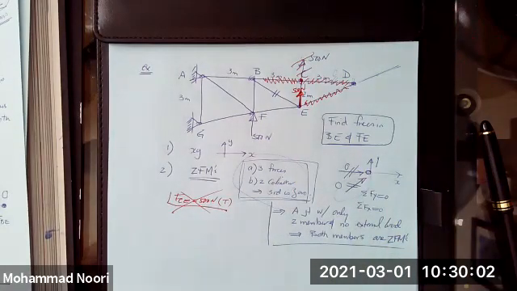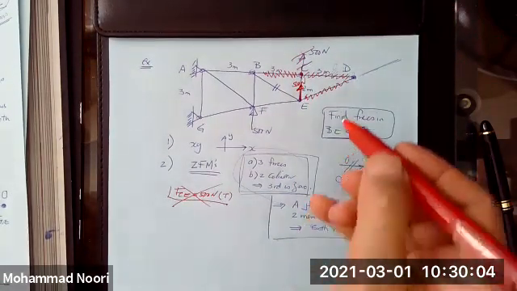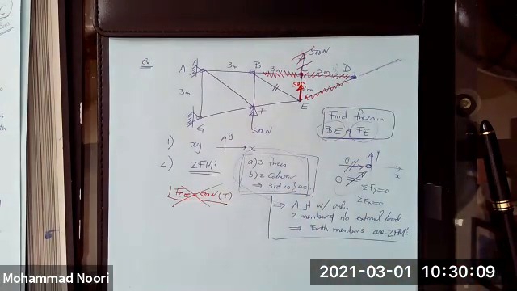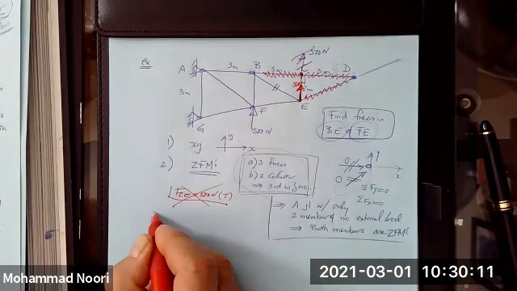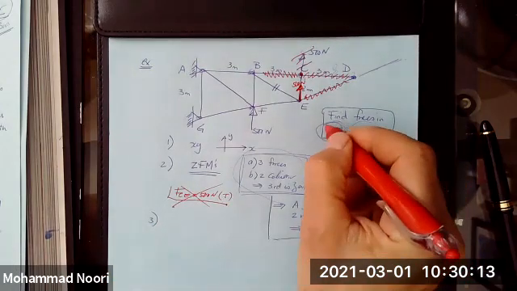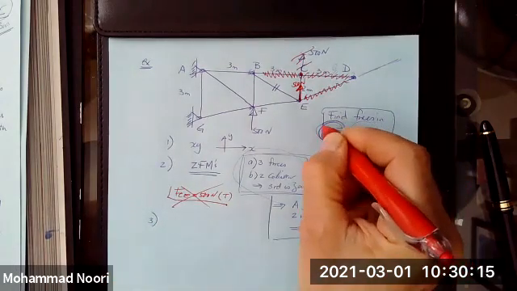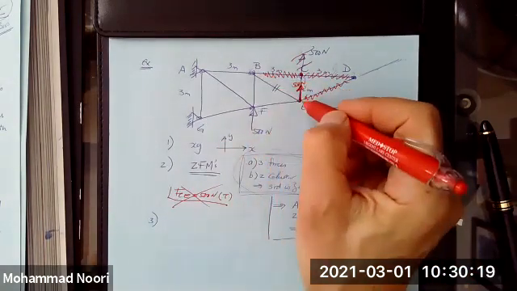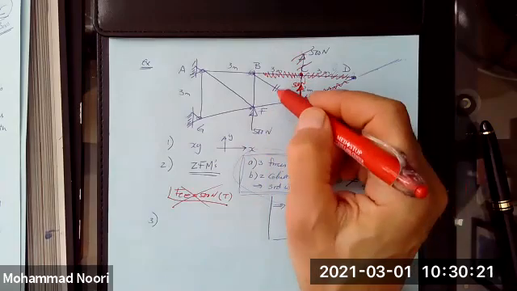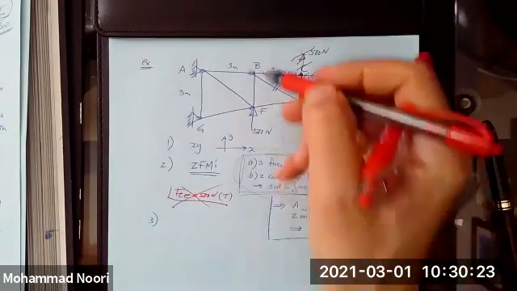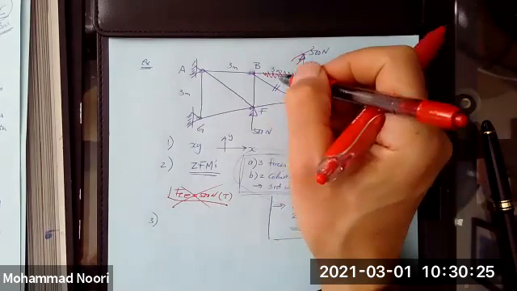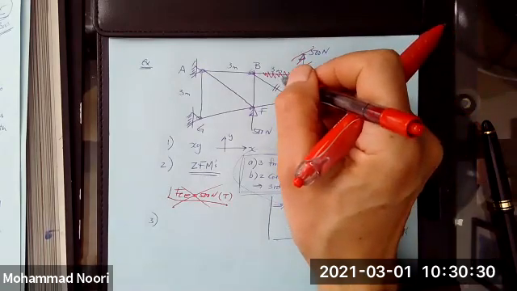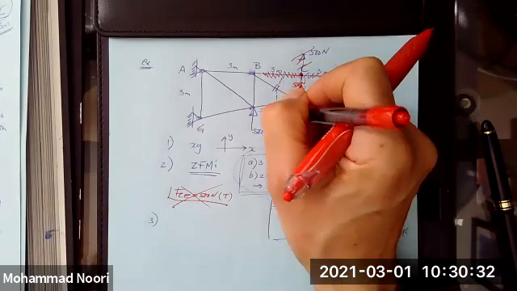Now we want to find these two member forces. So what did I say? You, let's say, start with BE. Starting with BE, you consider that member and cut that member and minimum number of other members, okay? So you can consider something like this.